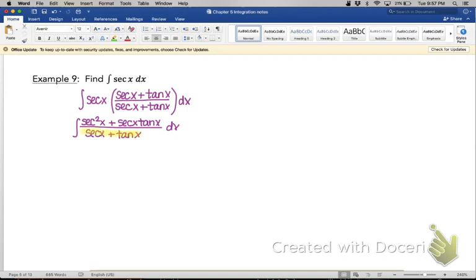So let's consider the derivative of secant of x plus tangent of x. If I take the derivative there, and this is really bad notation, but I'm going to write it like this. The derivative with respect to x is equal to the derivative of secant of x, which is secant x tangent x, plus the derivative of tangent of x, which is secant squared of x.